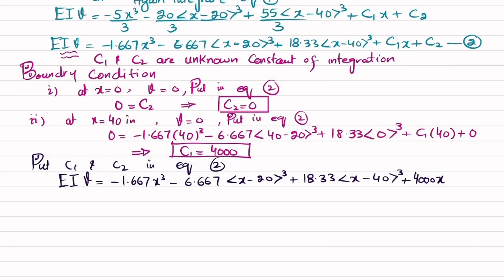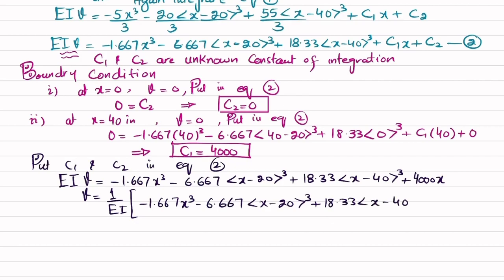So divide by EI on both sides, so you will get V is equal to 1 over EI into minus 1.667 x cube minus 6.667 into x minus 20 whole cube plus 18.33 into x minus 40 whole cube plus 4000 x, which is the required equation of the elastic curve.